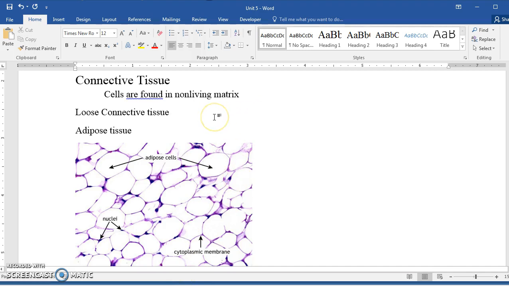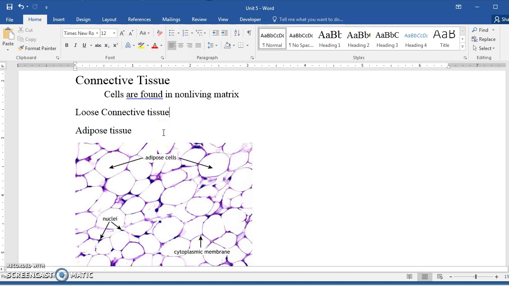But beyond that, you can research that on your own, or if you take anatomy physiology, you can learn more about the loose connective tissue. Looking at some of the cells, there's not a lot to see that really stands out to a person just seeing the slides for the first time, so I didn't put any image of loose connective tissue up.